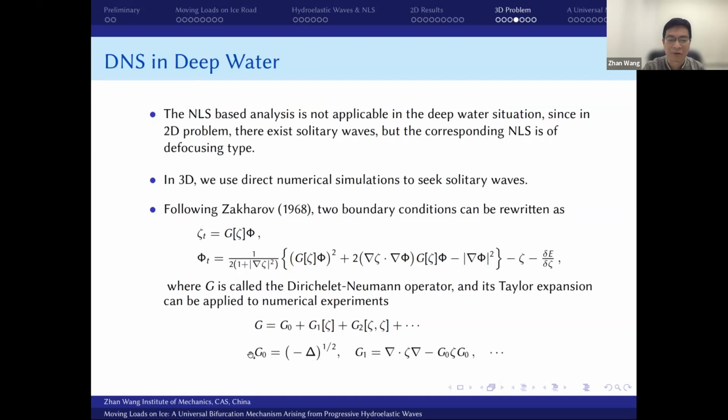That means the Taylor series of the operator converges, and then you can expand this operator and reduce the dimension of the problem. So the three-dimensional problem reduces to a two-dimensional problem, and then you can easily solve it numerically.